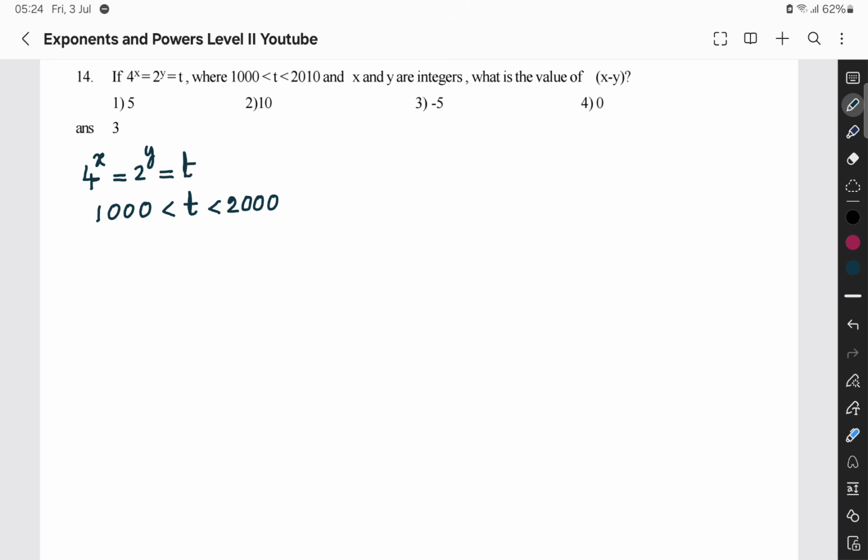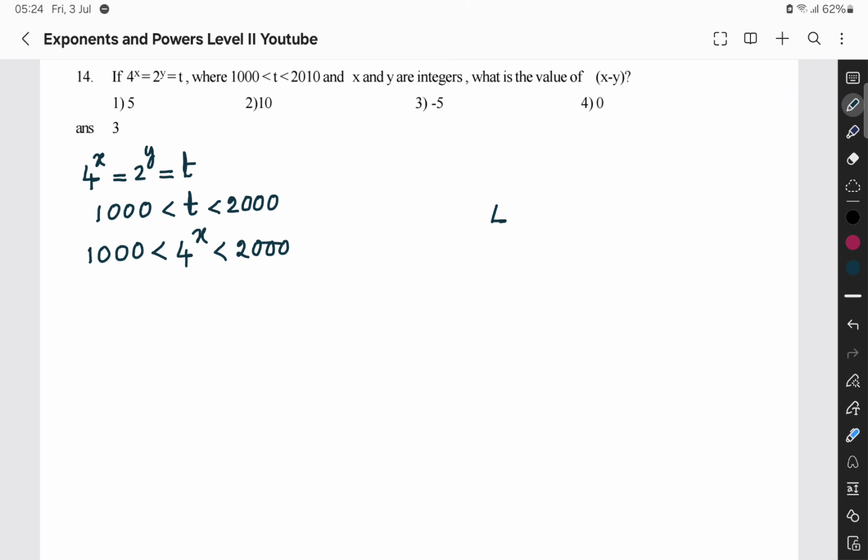So first I will take 1000 less than 4 power x less than 2000. So let us see what value of x will satisfy this.